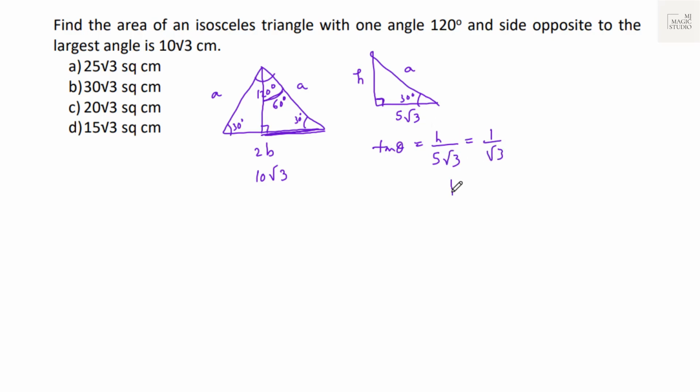Tan 30 degree is 1 by root 3. That means the height of this triangle is 5 units. Find the area. Area is half into base, sorry, this is height into base. So the area is 25 root 3 square centimeter. Option A is the pick.